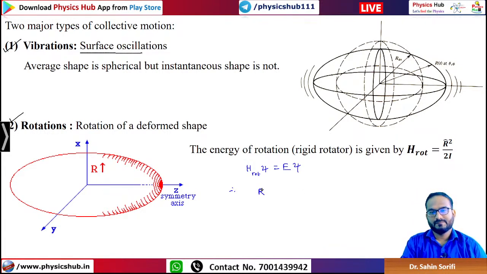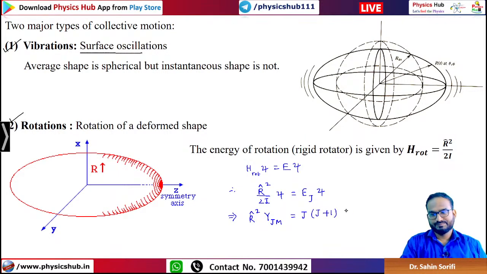H rotational is R square by 2I applied on psi, and E equals, let's say, Ej of psi. So we write R square Y j m is equal to j into j plus 1 h cut square Y j m.